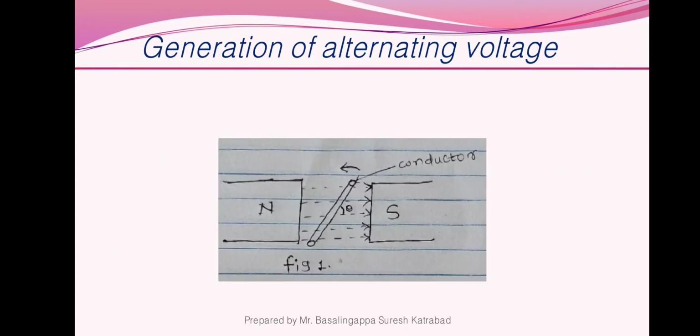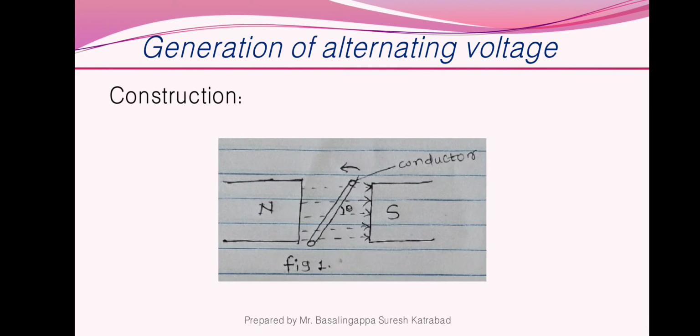First we will see generation of alternating voltage. In that first we will see construction. So figure 1 shows the construction diagram of generation of alternating voltage by single conductor. In this construction, here we are taking two poles, north and south pole, uniform magnetic field.